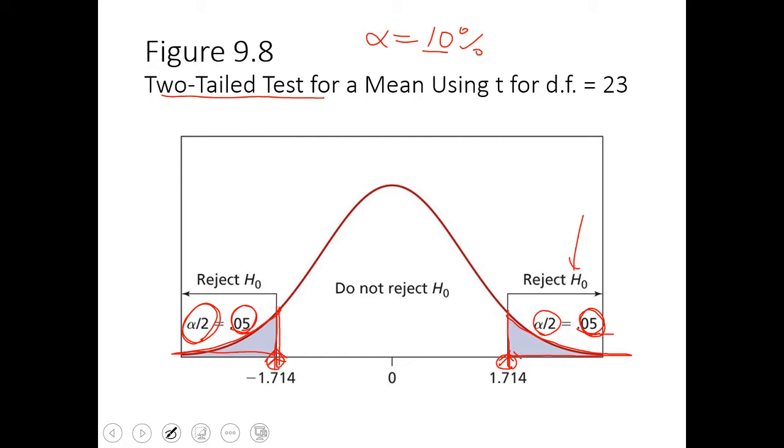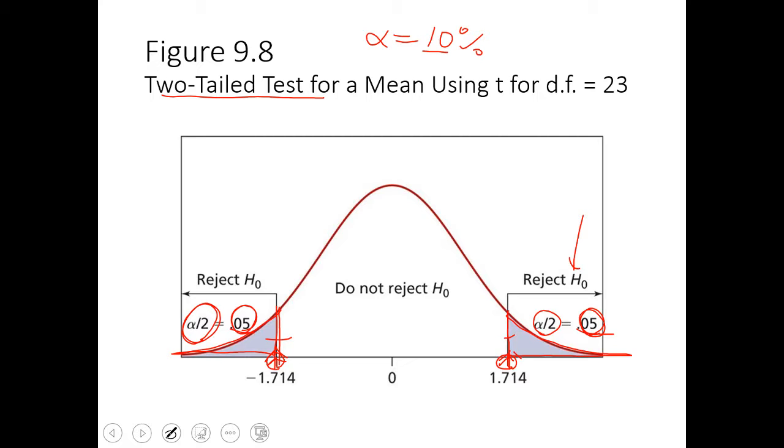So if we consider the normal distribution, then this point would be 1.645, plus 1.645 and minus 1.645. But unfortunately, we do not have the population standard deviation, so we cannot use the normal distribution.